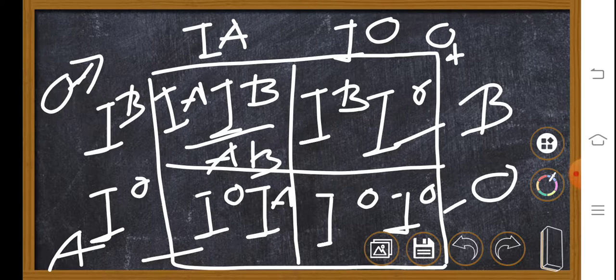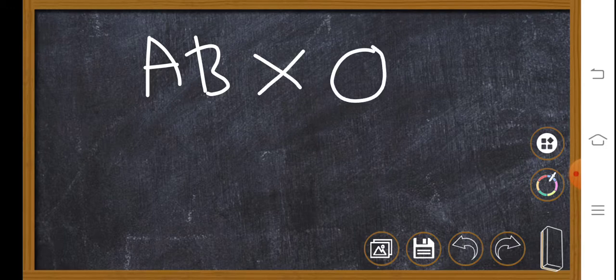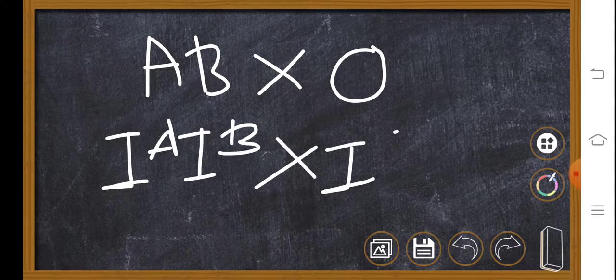Then you do the following process. But when the question is that one parent has blood group AB and the other has blood group O, then there will always be one condition. Here it will be IA IB, no other option, and here it will be I naught I naught.